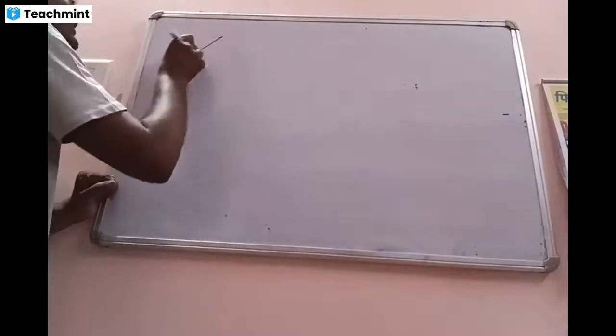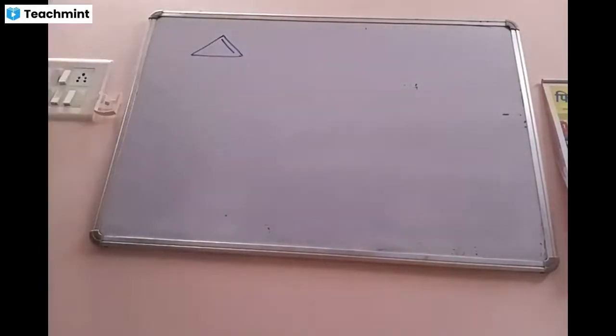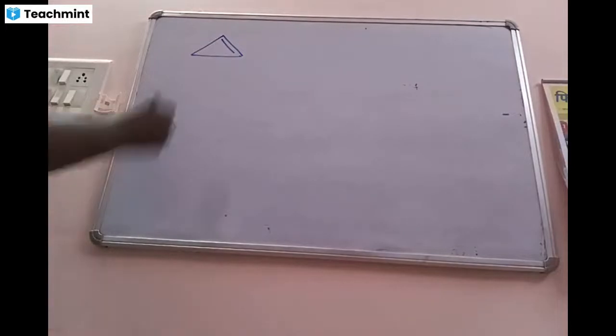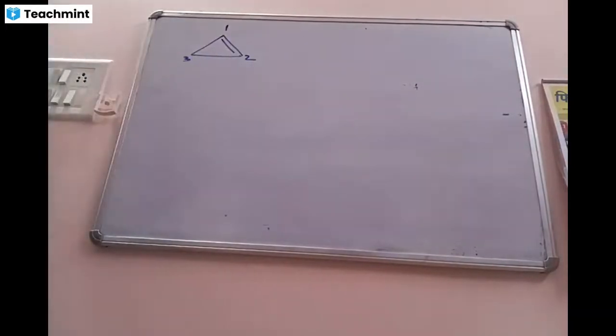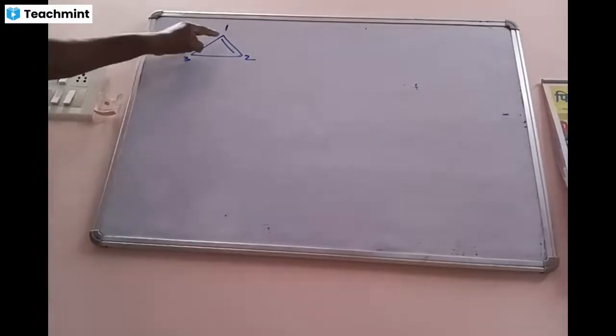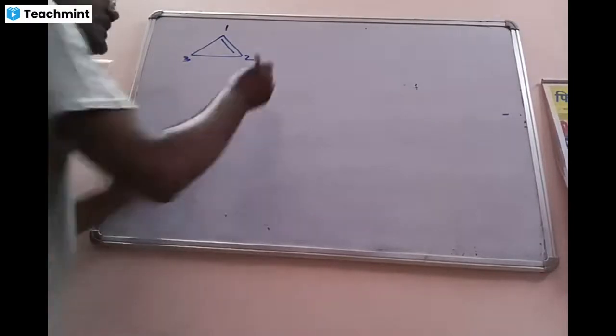Then again we go for the next two. If I write like this, this is your point number 1, 2, 3, right? Yes. So at point 1, what should be there? CH. Yes, right. There is an intersection of three lines, I can say.